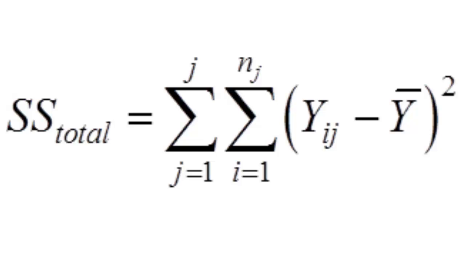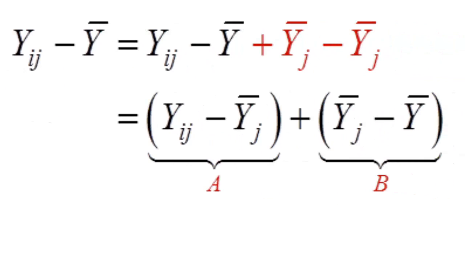If I strip out all the summation, so I'm only looking at one individual case, and I get rid of the squares, then I can rewrite that as y sub ij minus y bar is equal to y sub ij minus y bar. So we preserve the equality. I'm now going to take a constant, y bar sub j, the mean of group j, and immediately add that in and then immediately subtract it out.